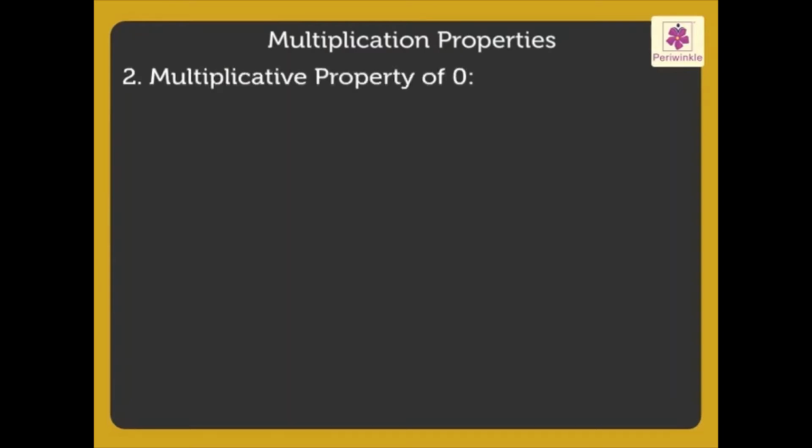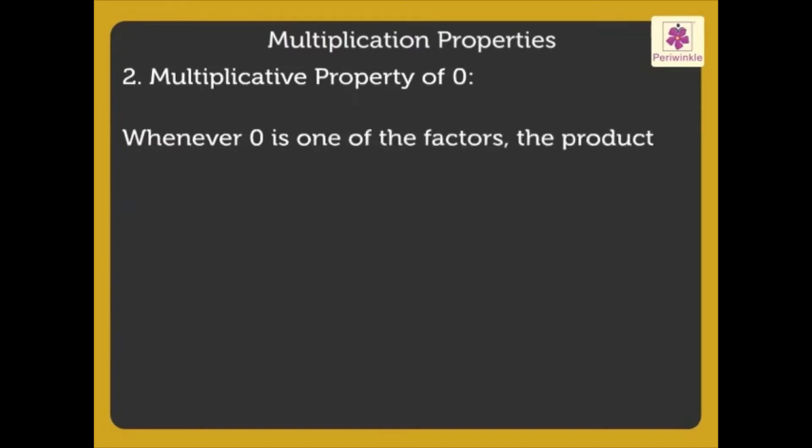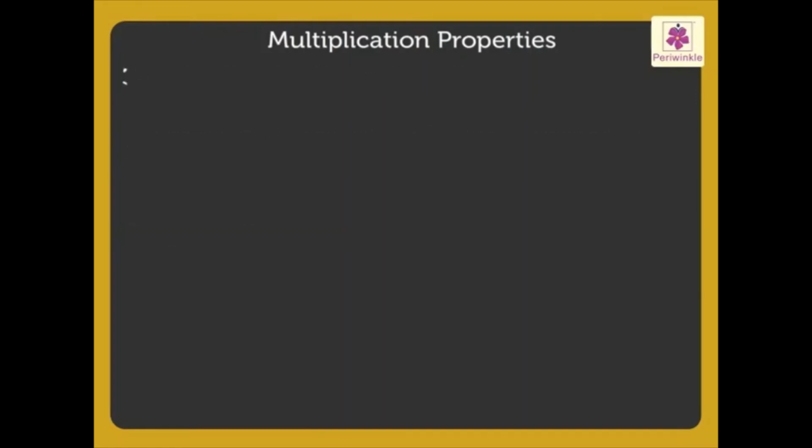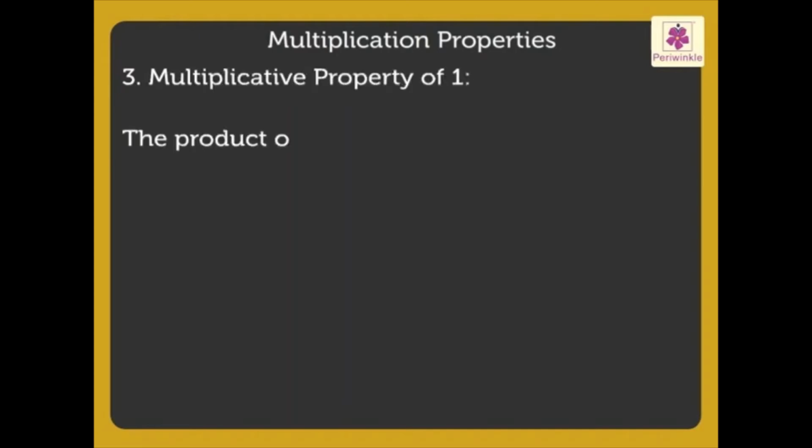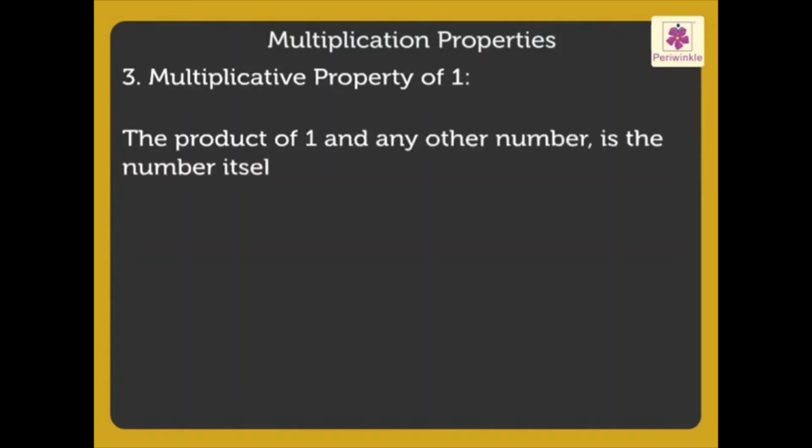Multiplicative property of 0. Whenever 0 is one of the factors, the product is 0. For example, 3. Multiplicative property of 1. The product of 1 and any other number is the number itself.